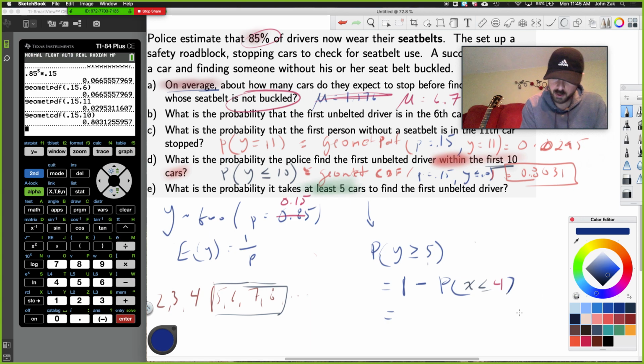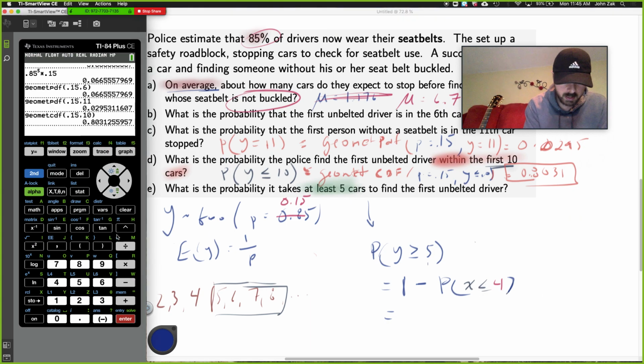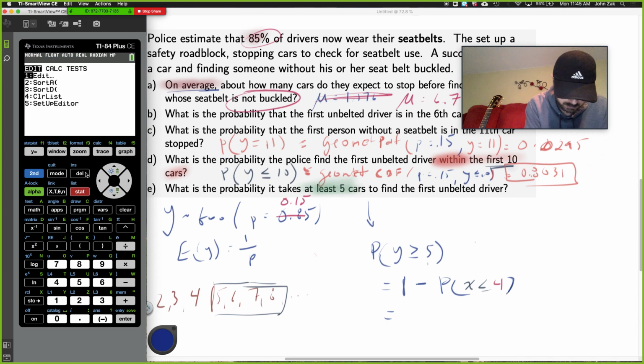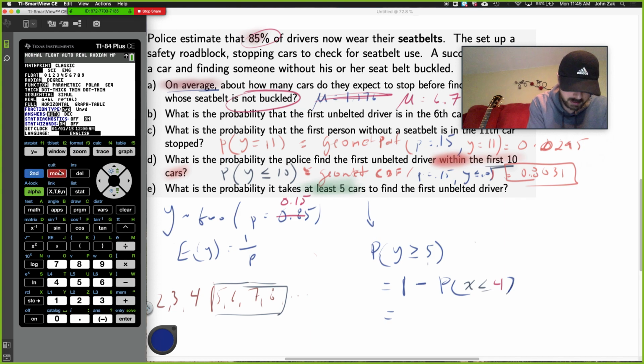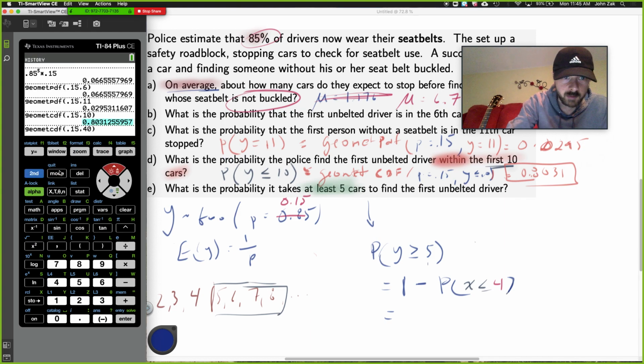And so when I go into my calculator, I'll do geometcdf with 4. I'll do the same kind of thing, scroll up and change that to a 4. I don't want 40, so let me get rid of the 0 here.